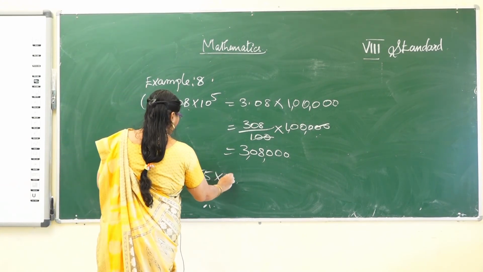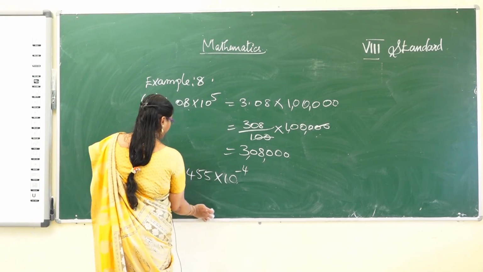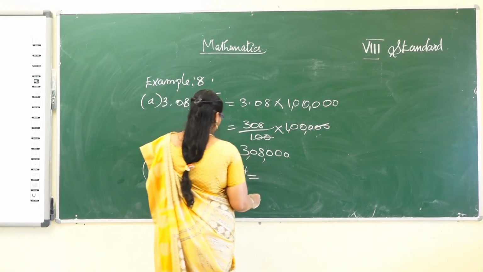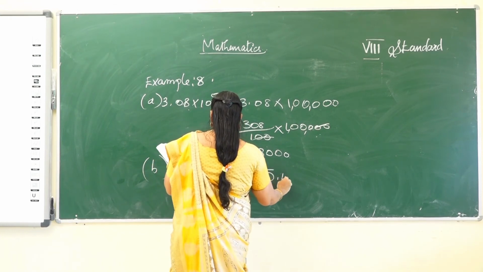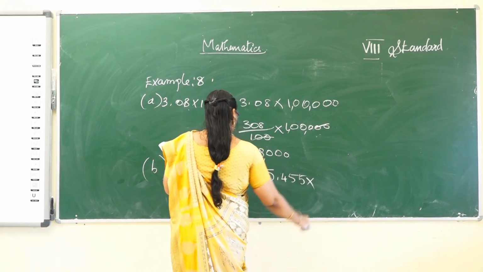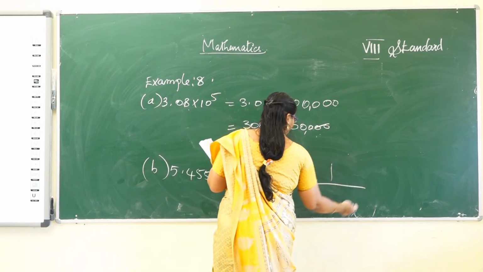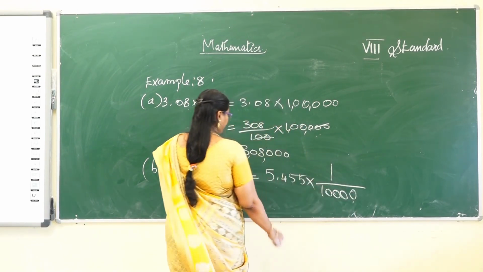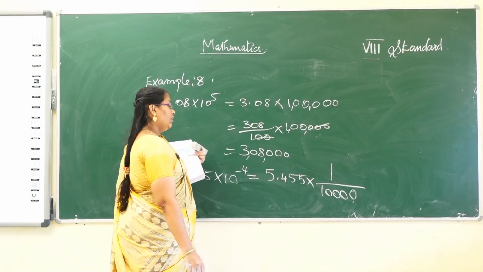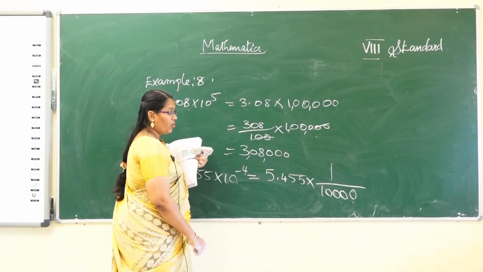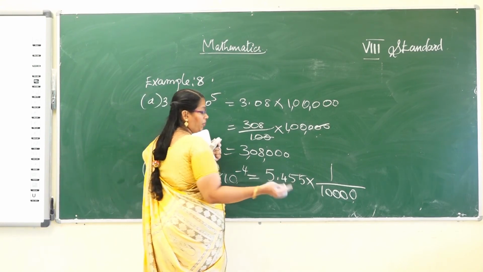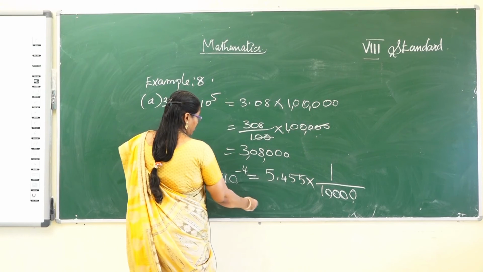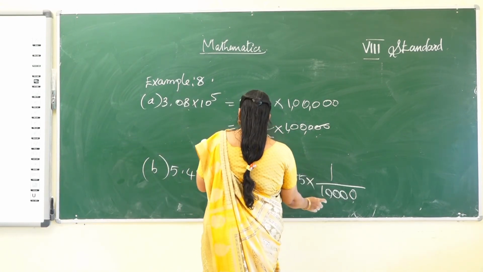B. 5.455 into 10 power minus 4. So minus 4 means division. 10 power minus 4 is written in the negative form as 1 by 10 power 4, which can be written as 1 by 10,000. So how many zeros? 4 zeros.